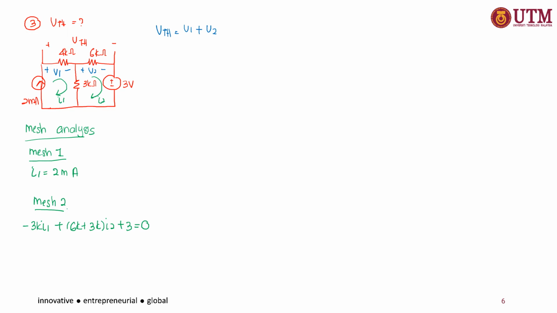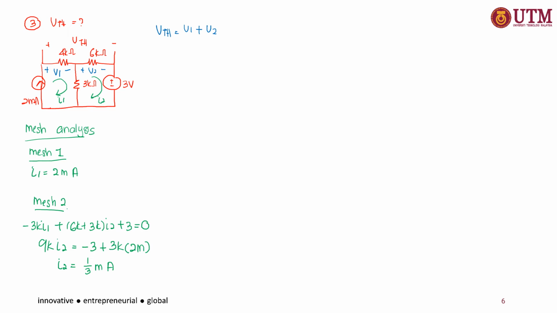We substitute I1 equal to 2 milliampere in this equation and rearrange it. I will get 9k I2 equal to, bringing this to the right side, negative 3 plus 3k I1, which is 2 milli. So here I will get my I2 is equal to 1 over 3 milliampere.